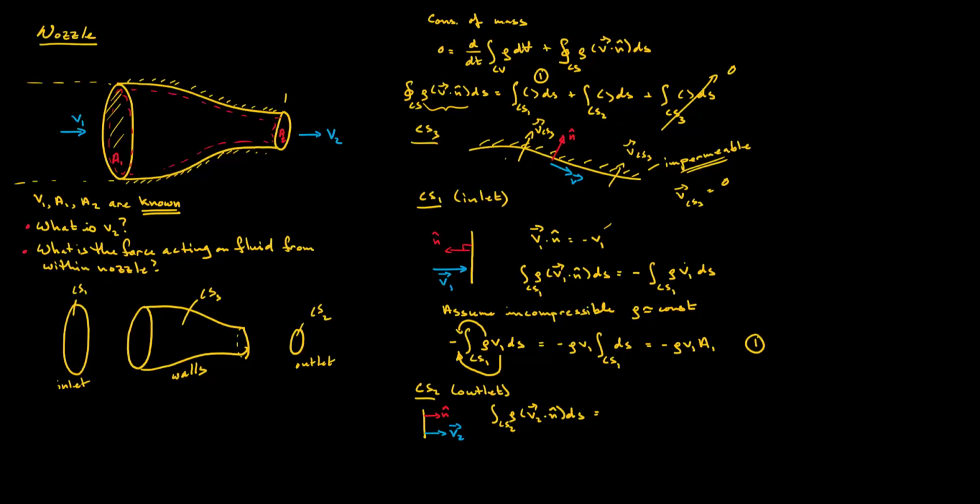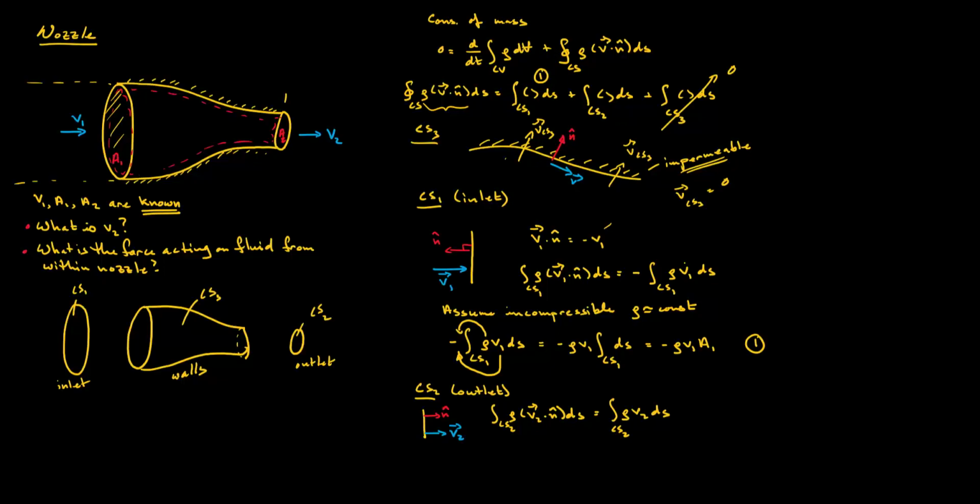They are perfectly aligned, so there is an angle of 0 between them. So v2 dotted with n is just equal to v2. So we're just left with rho v2 dS. And this is evaluated over the entirety of control surface 2.